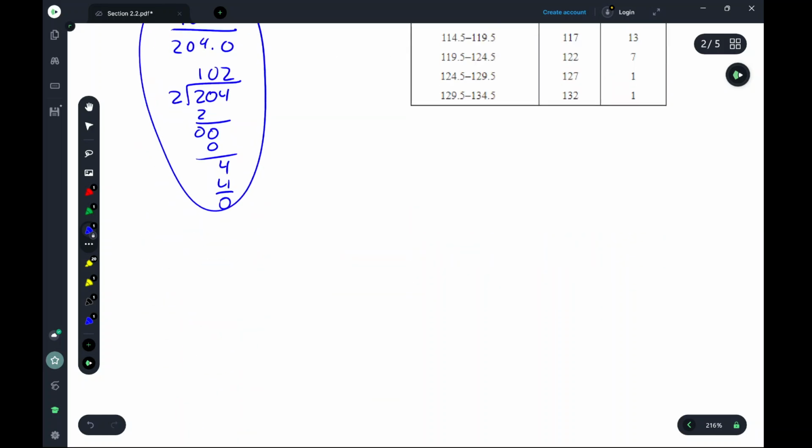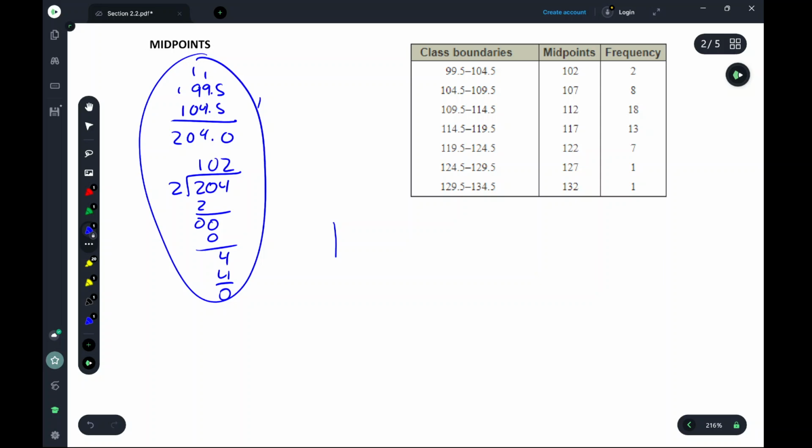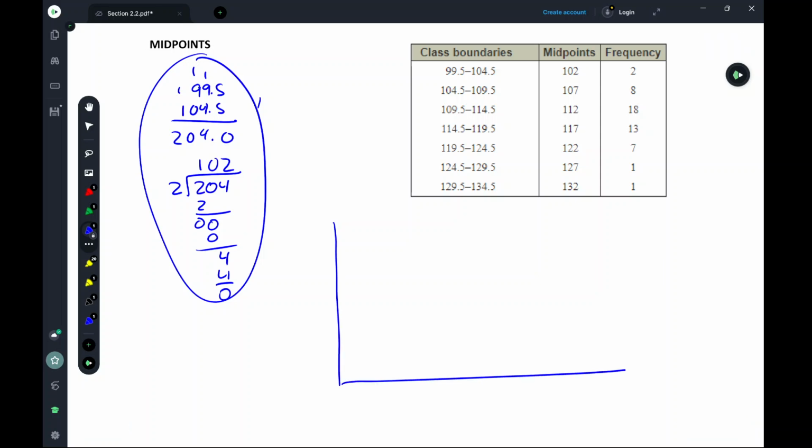Here's how we construct the frequency polygon. We still have our vertical and horizontal axis. The vertical axis still is frequency. Okay, we're using the same data, so I'm going to count by 2s again: 2, 4, 6, 8, 10, 12, 14, 16, 18, and 20.